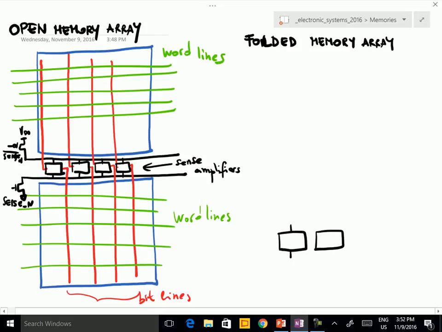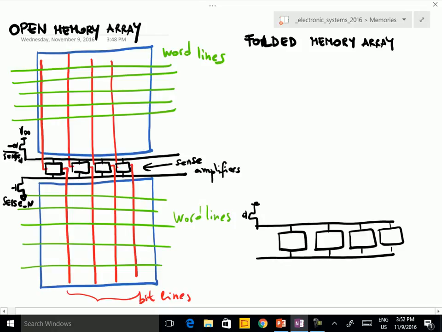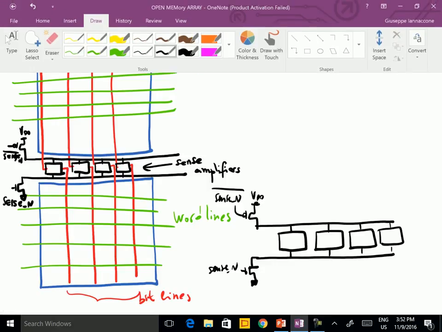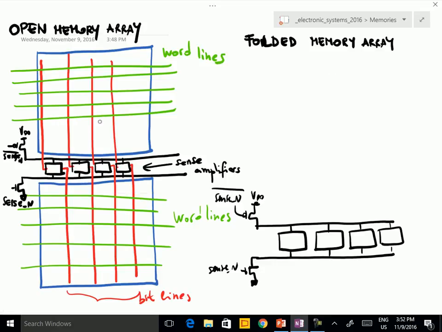You have all the sense amplifiers on the side. For example, as in this case you have the sense N and sense N negated here. But then the bit lines are all on the same side.